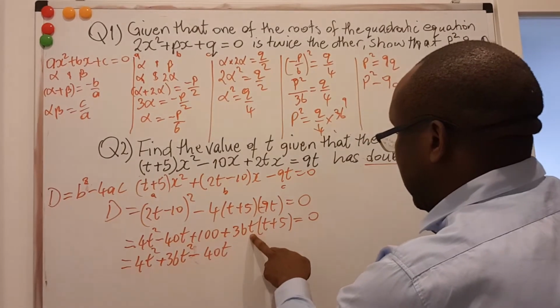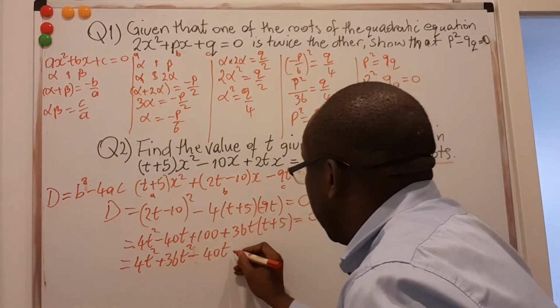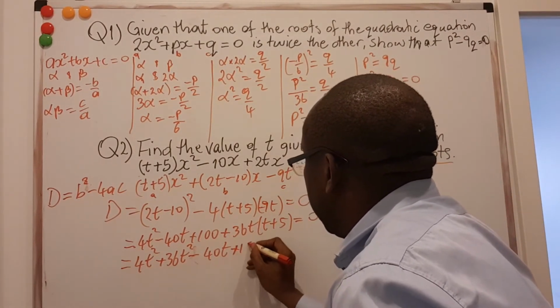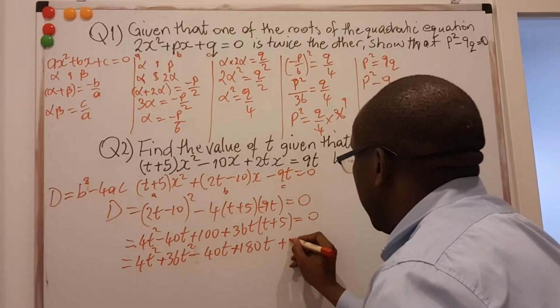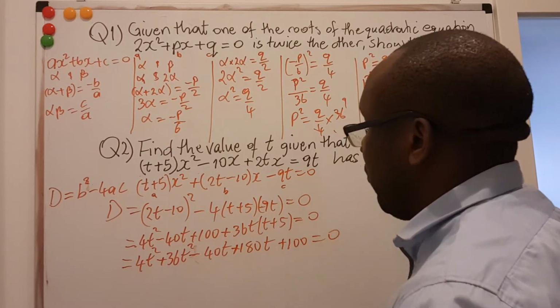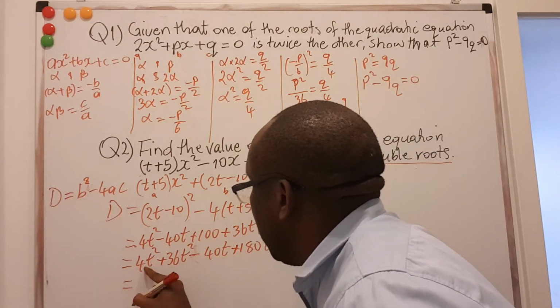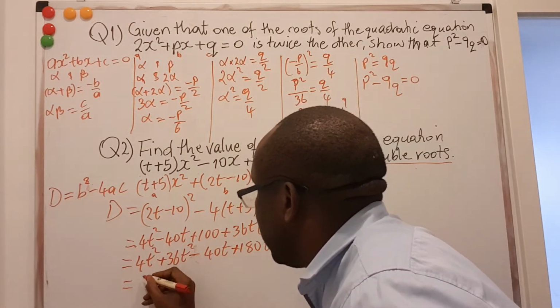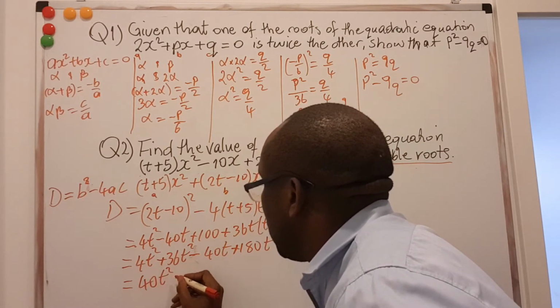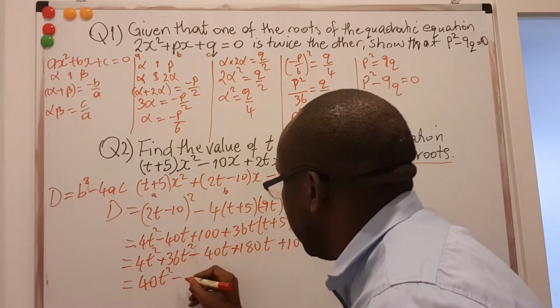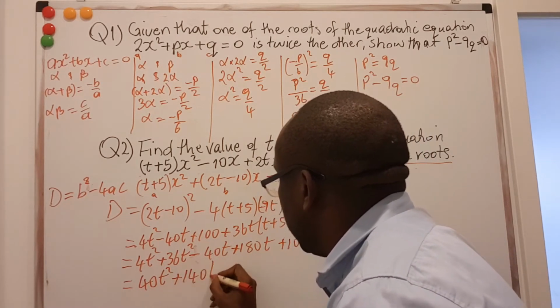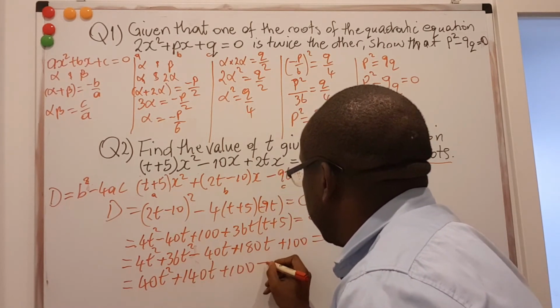And 36t times 5 gives me 180t. And then there is 100 there, plus 100 is equal to 0. Fixing this, 4t squared plus 36t squared is 40t squared. 180 minus 40 is 140. t plus 100 is equal to 0.